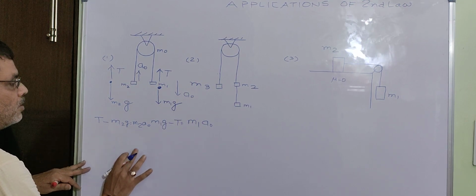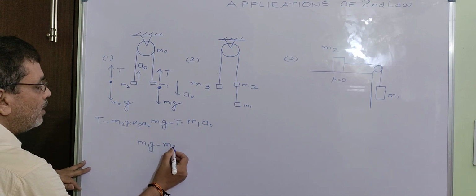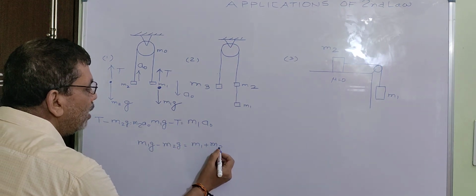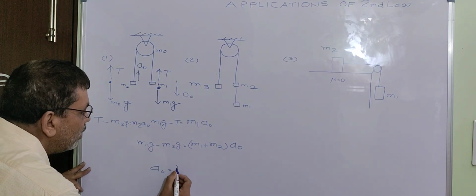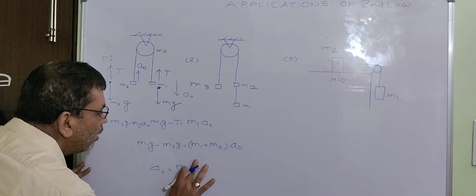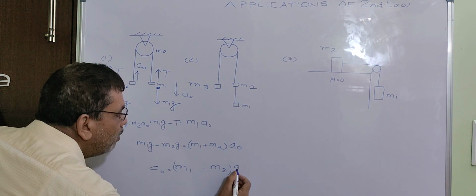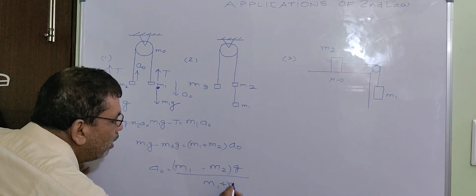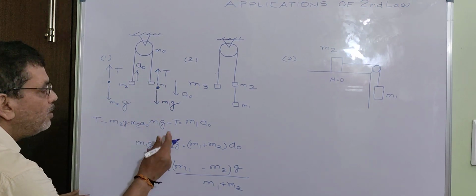You will observe M1G minus M2G equals M1 plus M2 times A0, or acceleration can be written as M1 minus M2 times G divided by M1 plus M2. And once you know the acceleration, you can find out T from this expression.